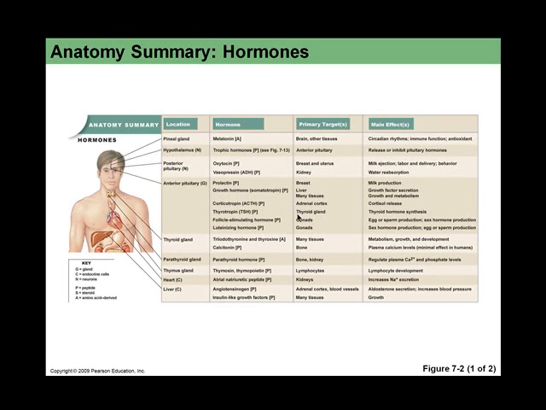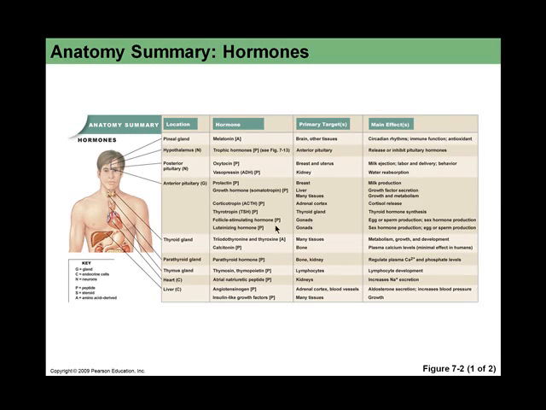Now, as we encounter these individual ones again separately, we will talk about the specific target cells within the target tissues or target organs. So don't think that every cell in the thyroid gland is a target of thyrotropin.